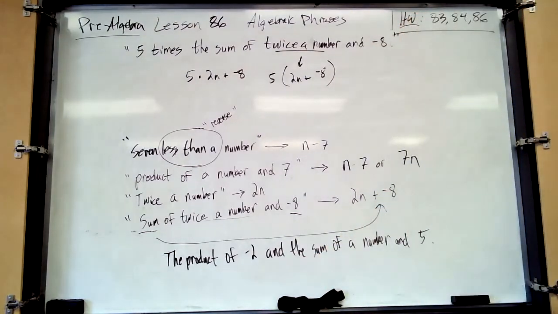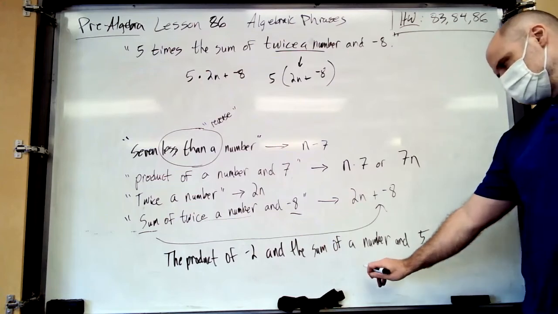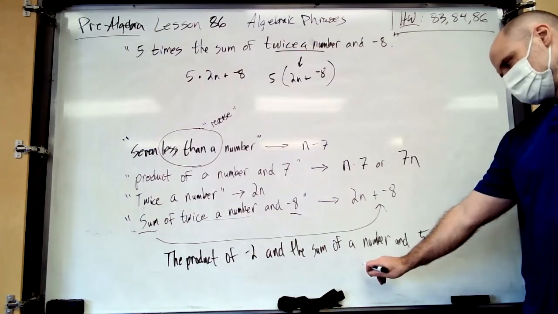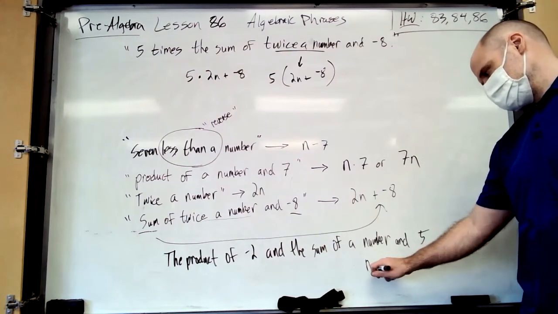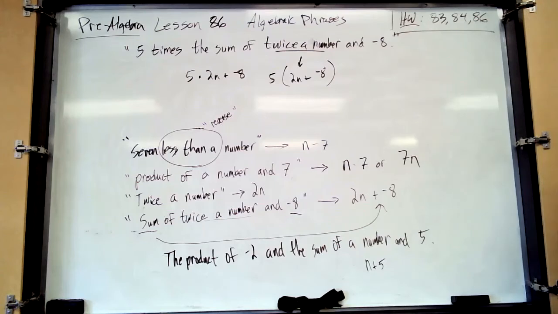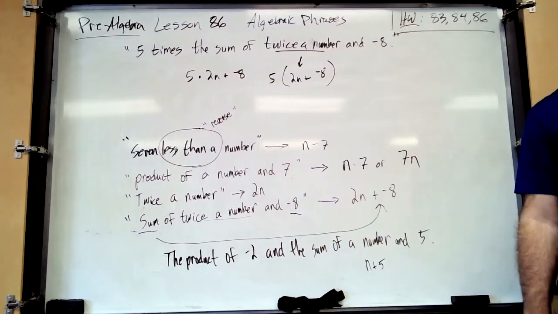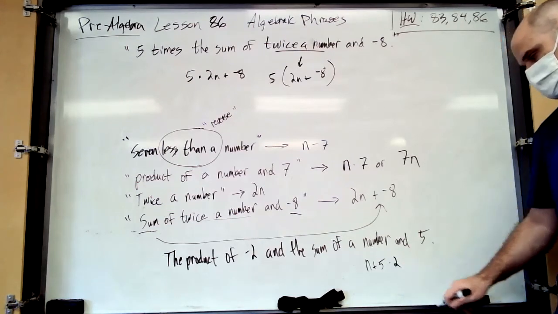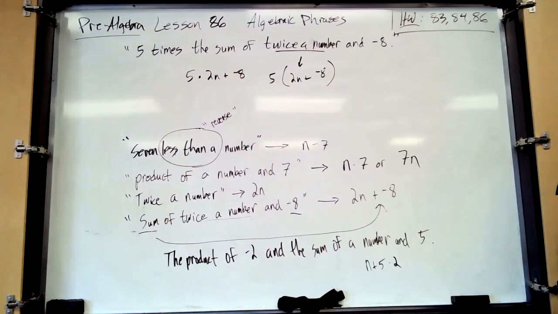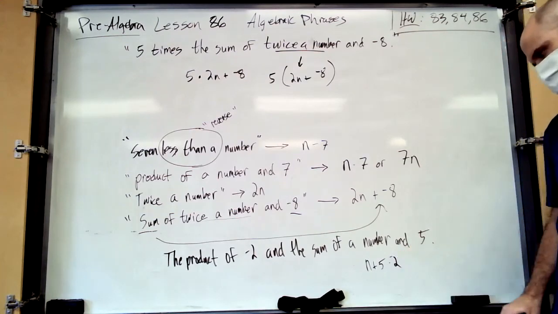The product of negative 2 and the sum of a number and 5. How do you write that? n plus 5 times negative 2. How do you write times negative 2? Put the negative sign and the multiplication sign.